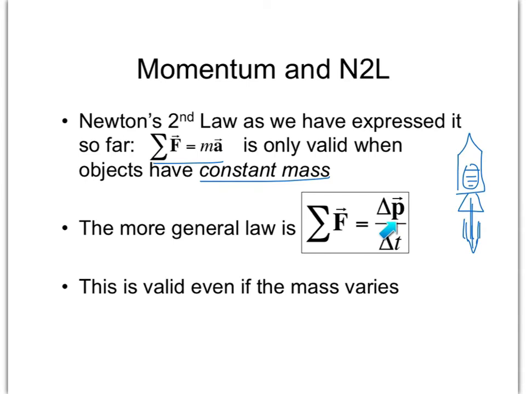All right, so let's take Newton's second law, F is equal to ma, and change it around just a little bit. We know that net force equals mass times acceleration, and how do we define acceleration?